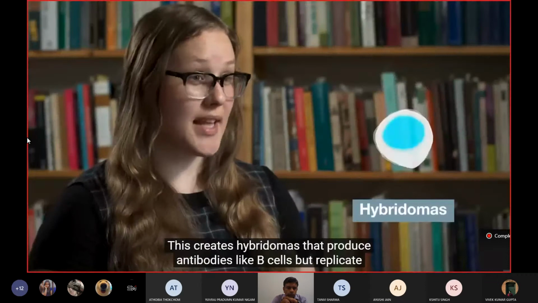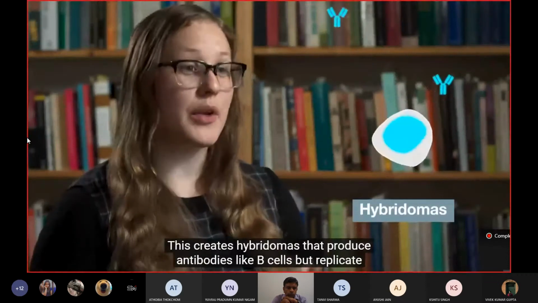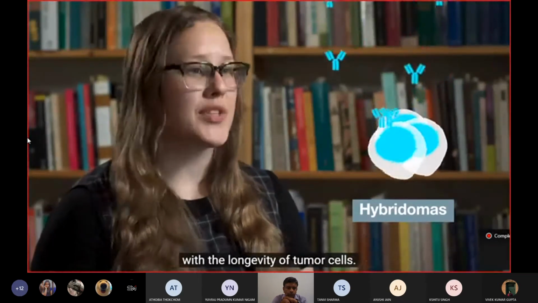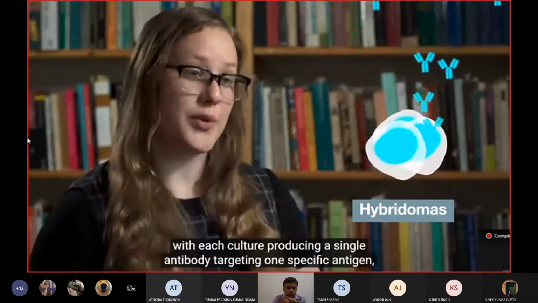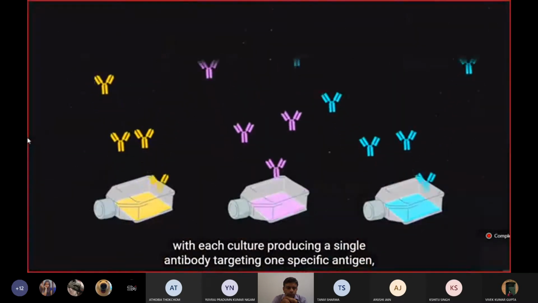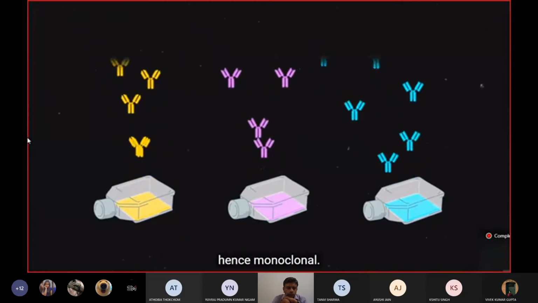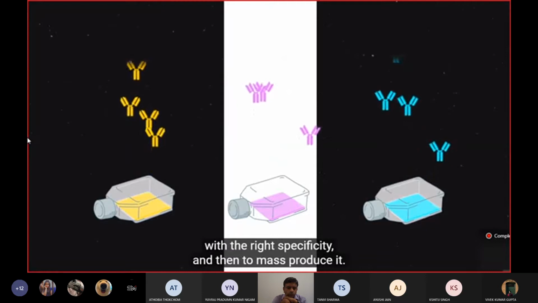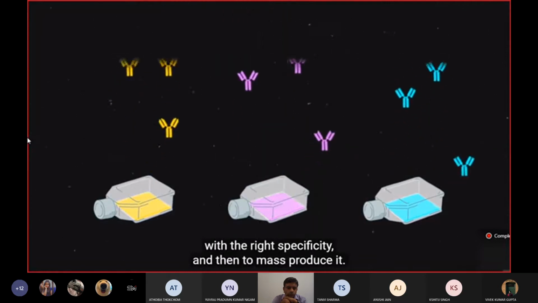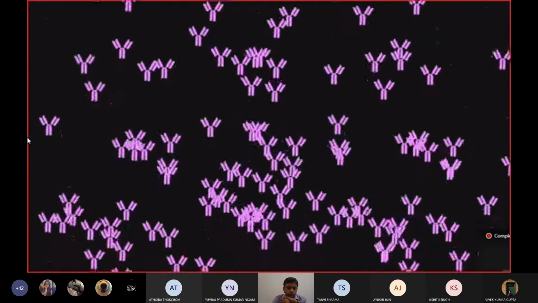This creates hybridomas that produce antibodies like B cells, but replicate with the longevity of tumor cells. Hybridomas can be grown in culture, with each culture producing a single antibody targeting one specific antigen, hence monoclonal. And this allowed researchers to select the antibody with the right specificity, and then to mass produce it.